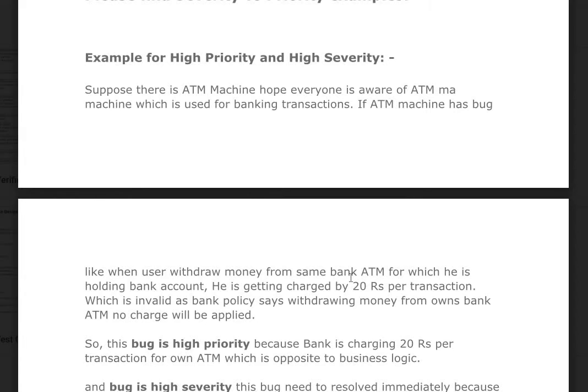So this bug is high priority. We can set this bug as a high priority bug. Why? Because the bank is charging ₹20 per transaction for its own ATM, which is exactly the opposite of the business logic. Business logic is that if someone as a customer is doing a transaction from the same bank's ATM, it should not charge any money for that.